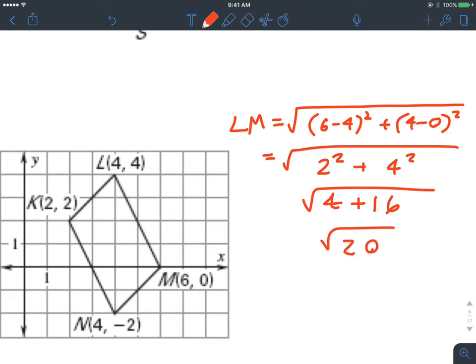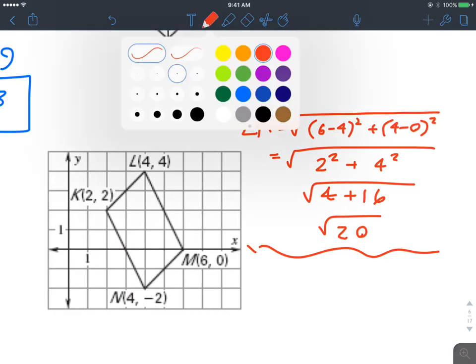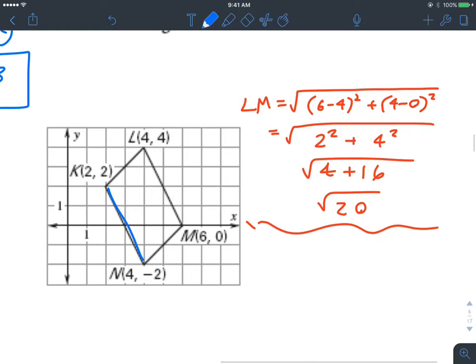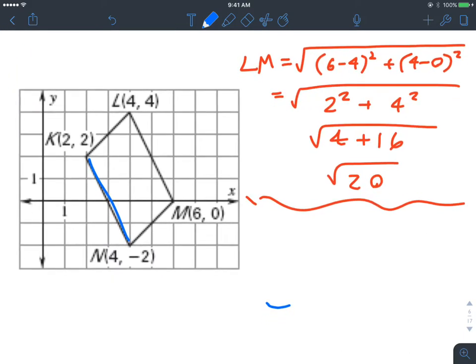I'm not even going to break it down into simplest radical form because I'm just trying to prove that they're congruent. So if I can show that the other side, KN, is the square root of 20, then you are proving that those sides are congruent.